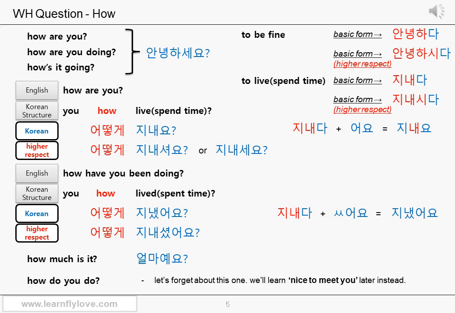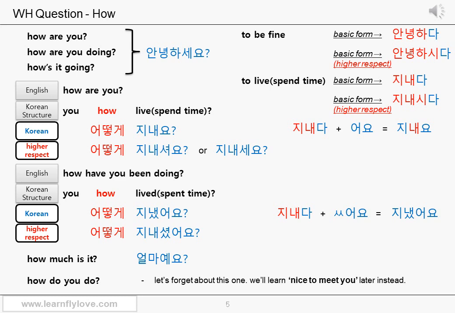Because 안녕하세요 was originally a question which has the meaning of are you fine with the adjective 안녕하다, which means to be fine. There is another way to say how are you in Korean. The meaning of it is a bit closer to how are you doing or how is it going as well as how are you.